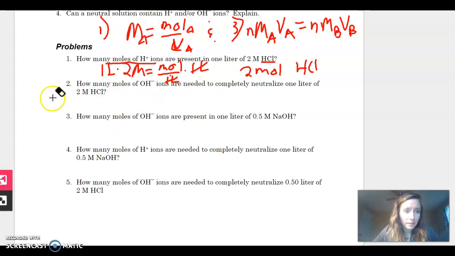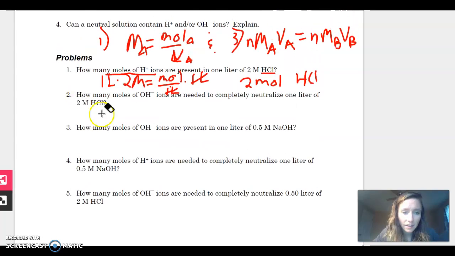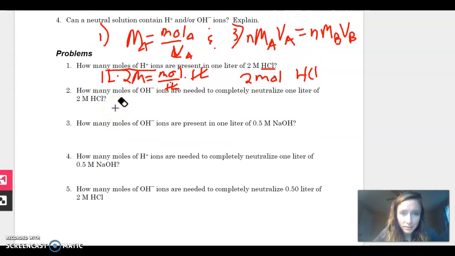Okay, so number 2, how many moles of hydroxide ions are needed to completely neutralize 1 liter of 2 molar hydrochloric acid? Okay. So this question is probably the hardest question I could give you because you could really use number 1 or number 3 to solve it.